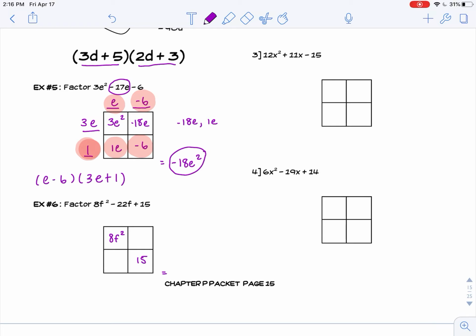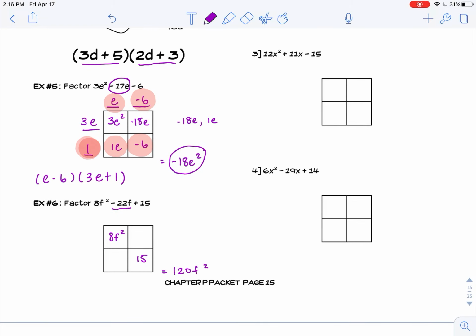Multiply diagonally, 120f squared. What two things will multiply to equal 120f squared and add to equal negative 22f? That's going to be negative 10f and negative 12f.